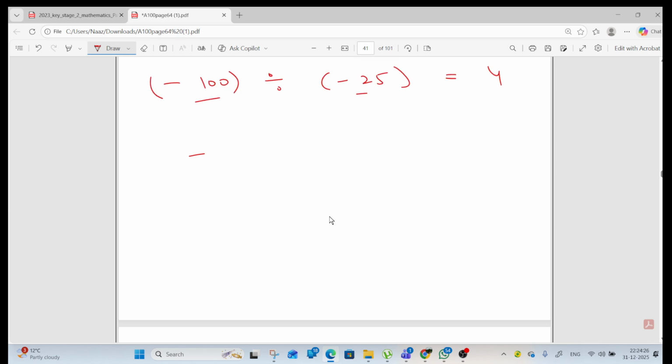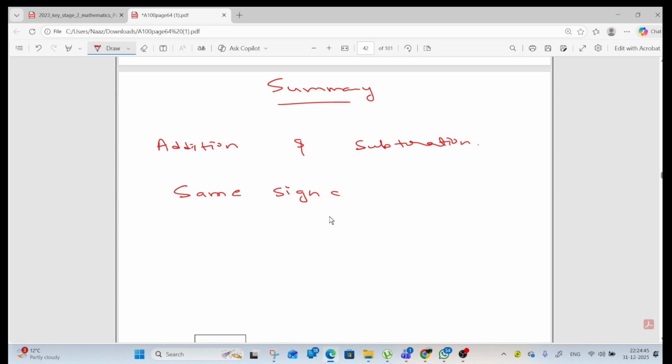So basically, if I summarize what we did: for addition and subtraction, you need to remember that if same signs are there, we need to add them, like negative, negative, or positive, positive.